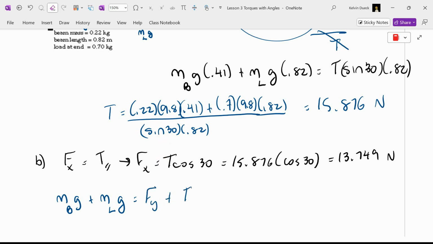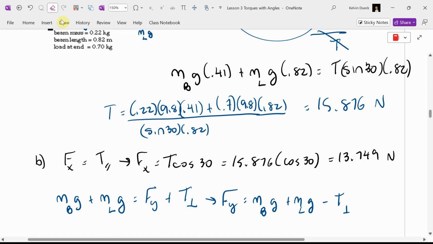Fy and T perpendicular. I want to get the Fy by itself, FYI. How would I get the Fy by itself? Subtract what? Okay. Fy is going to end up being mass of the beam G plus mass of the load G minus T perpendicular.